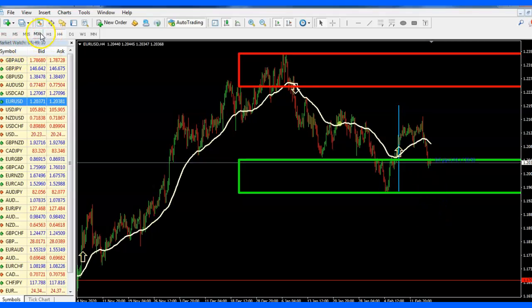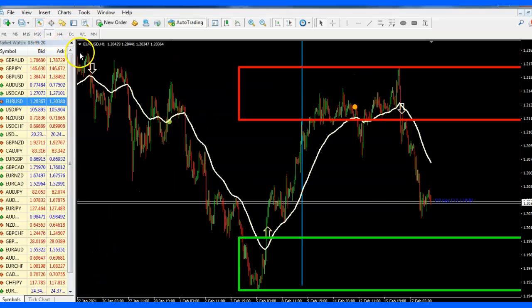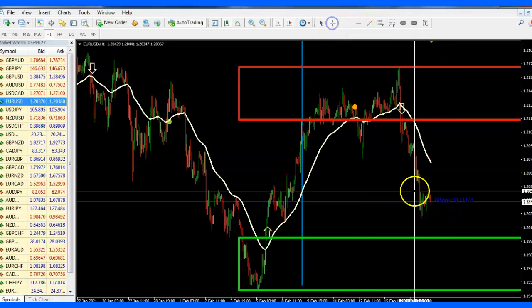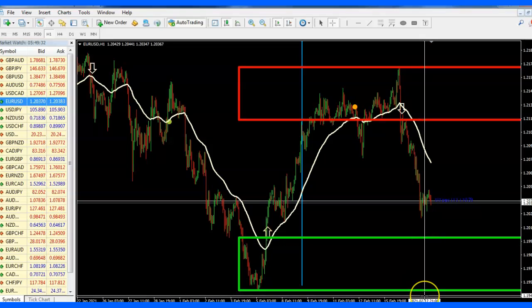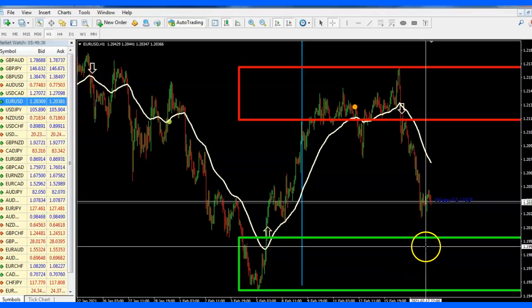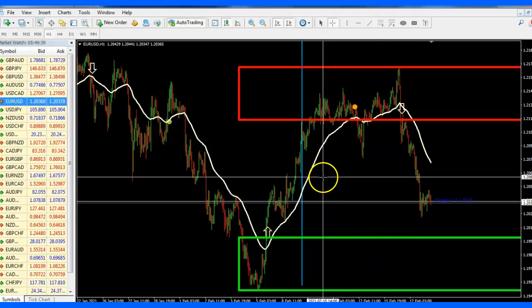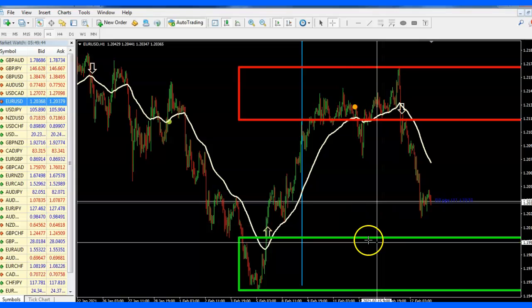So if you take the trade on the 30 minutes, my advice is to go to the next higher time frame and put your stop loss at any of the supports you see. It could be maybe inside the box right here, because if you go all the way, that's very, very far. So you can probably go over here, something like that, and then you go into the market, on 30 minutes or 15 minutes.